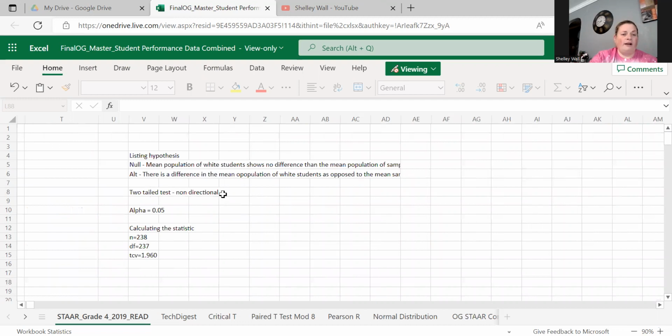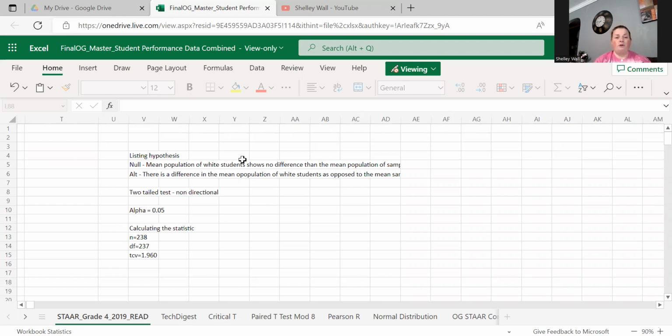Next thing I want to do, now that I have determined what test I want to use, is create a hypothesis. You have to create a null hypothesis and an alternative hypothesis. The null hypothesis, known as H0, in this case says that the mean of white students for the population, that means the entire state, shows absolutely no difference from the mean of my sample, which is the white students for this one particular district.